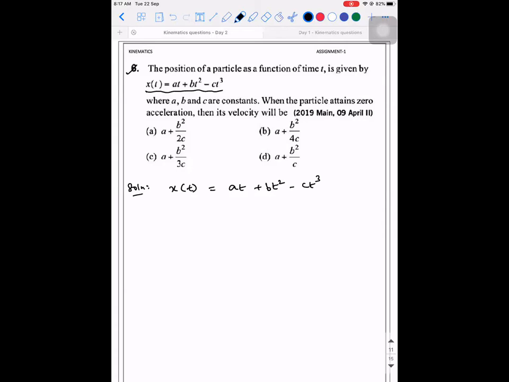So when the particle attains zero acceleration, at that instant, what would have been the velocity of the particle? Tell me one thing, is there a scenario possible like that? The acceleration of the particle is zero, but the velocity is still going to exist. Uniform velocity. Yes, maybe initially the object would have got accelerated, then it would have started attaining uniform velocity.